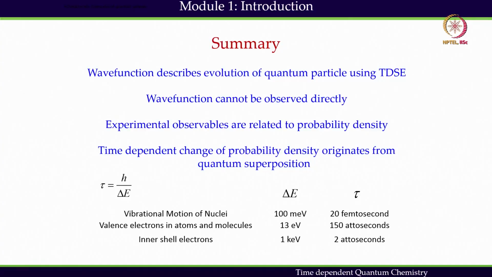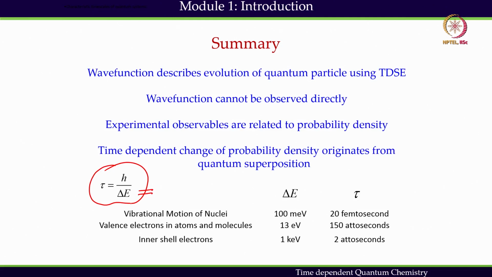And for observing a superposition state, one key piece of information is that time and delta E are inversely proportional to each other.